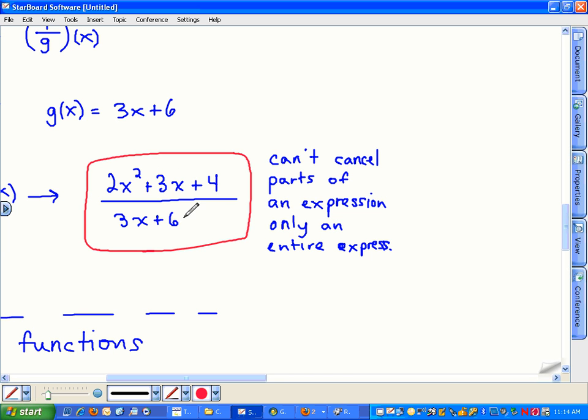So there are things you could do. This is simplified. The problem is this doesn't factor. 2x squared plus 3x plus 4, it doesn't factor. So it wouldn't cancel with anything down here. So you just leave it. In Algebra 2, you put the one function on the top, the other function on the bottom. And at this point, since we haven't learned Unit 9 yet, you just leave it alone.